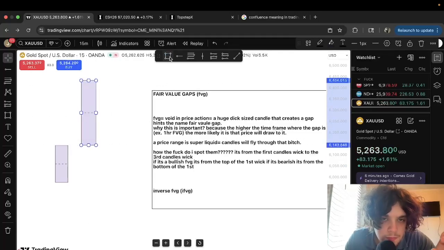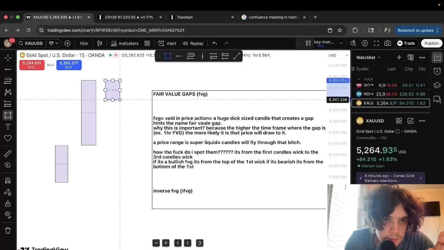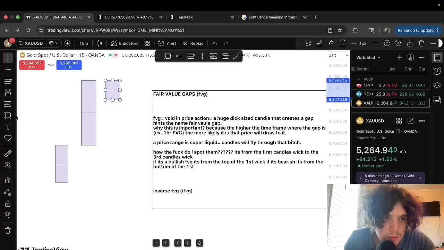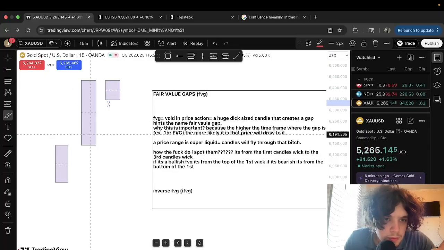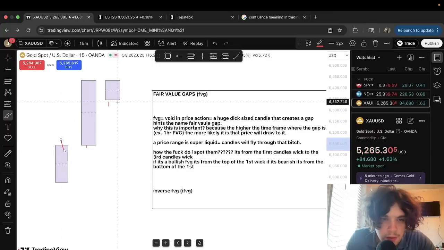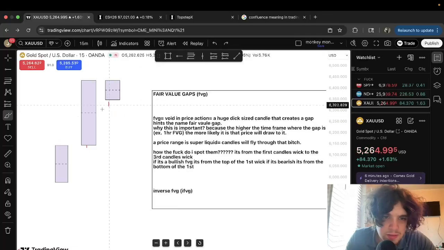Let's say the next candle's right here, and we'll draw little wicks for this. These are the only wicks that are important anyway.